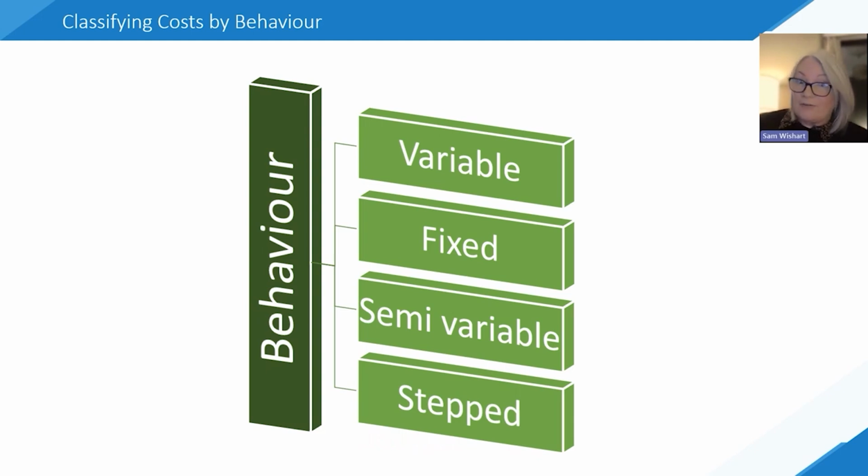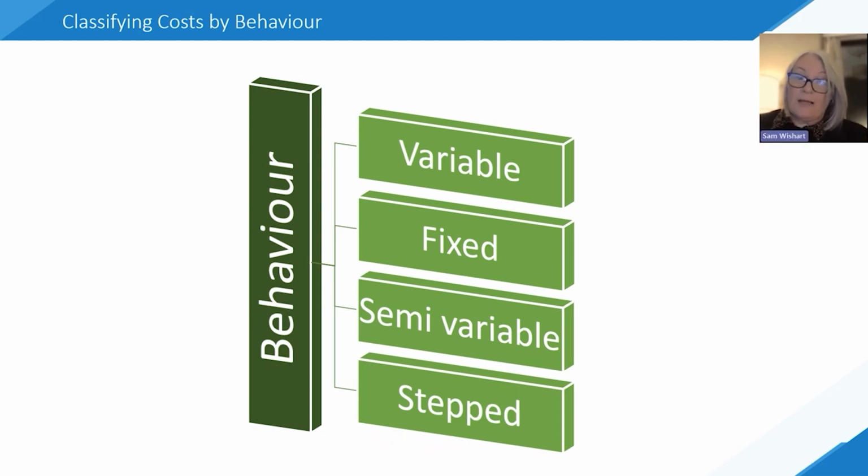Predicting whether costs will increase, decrease, or stay the same across differing levels of activity is useful when it comes to all areas relating to management accounting, be that planning, decision making, and control. And it's important to note that while all costs will change over time, what we're considering here is the behaviour in the short term in relation to activity.